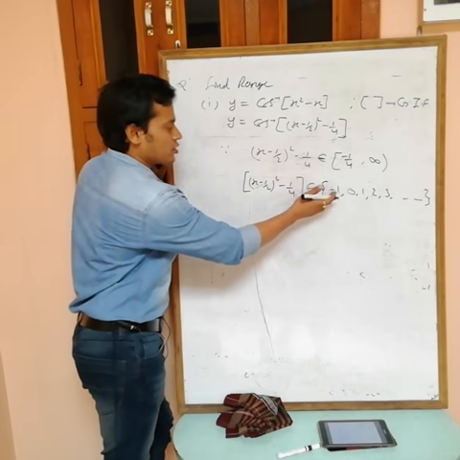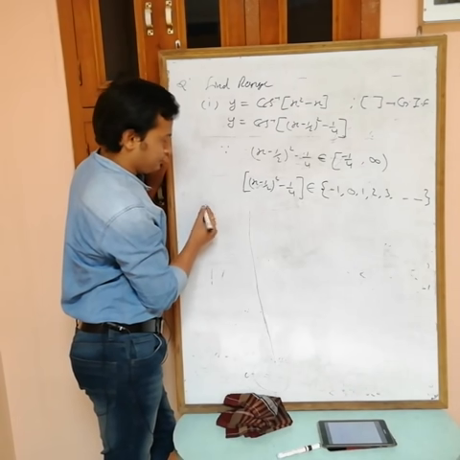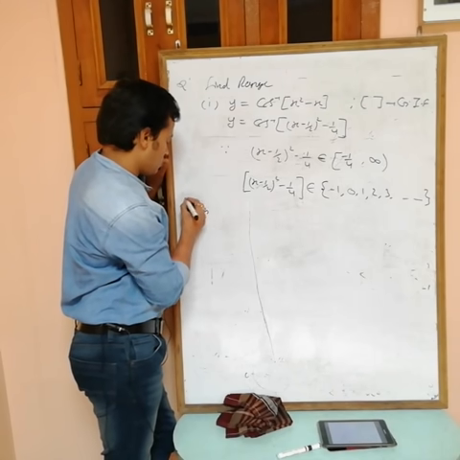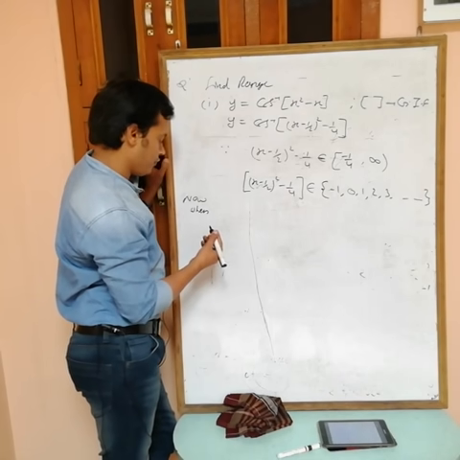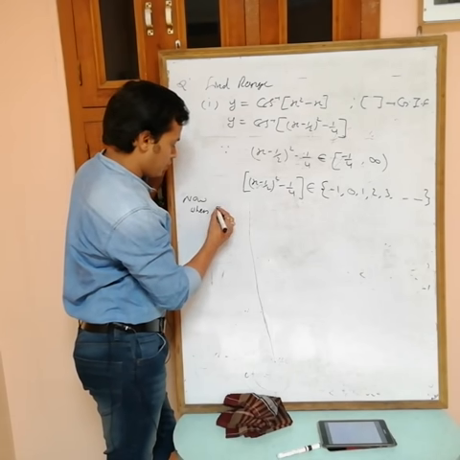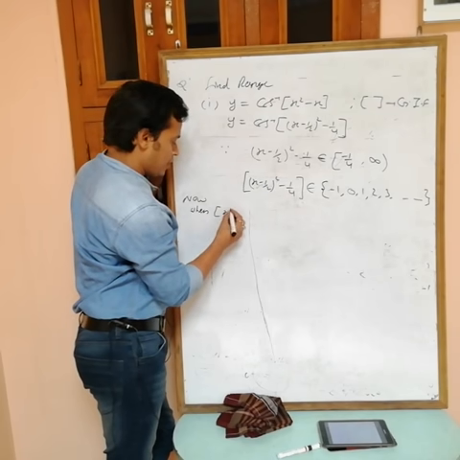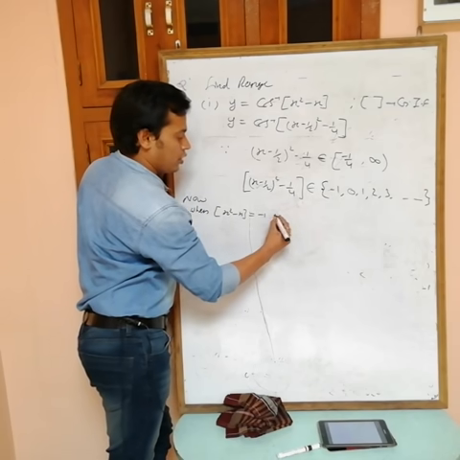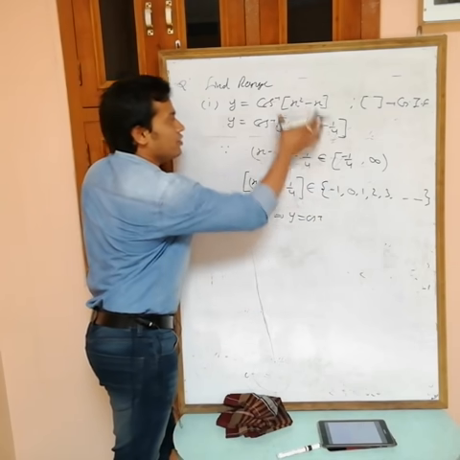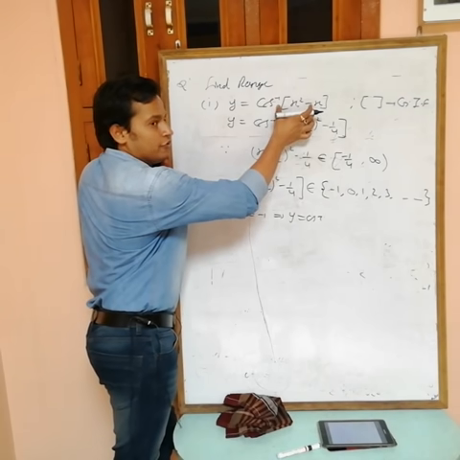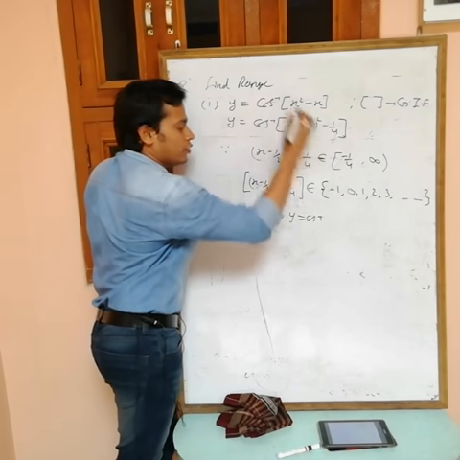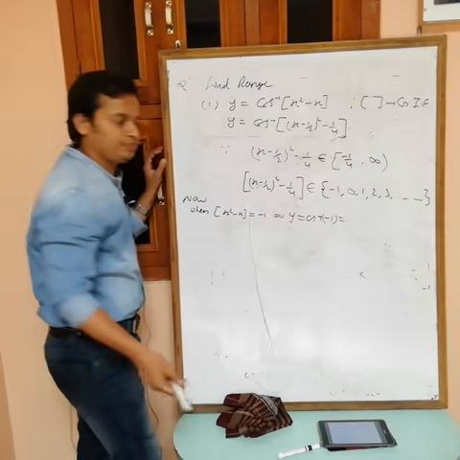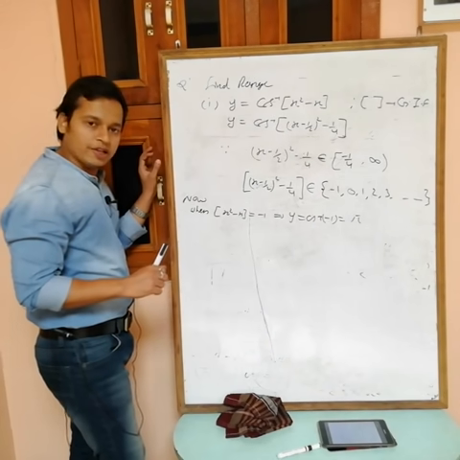Now put the values. When the greatest integer of x square minus x is equal to minus 1, in that case y is equal to cos inverse minus 1. Cos inverse minus 1 is pi.